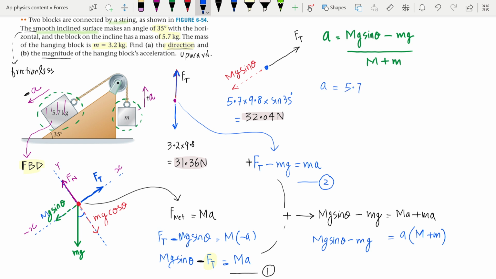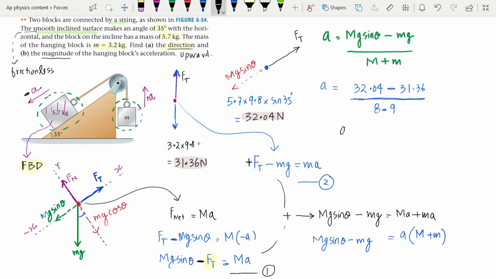So 5.7 times 9.8 sine 35, which we had already calculated, so we can directly put the value, that is 32.04 minus mg, which was 31.36, divided by the sum of these two masses. So 5.7 and 3.2 must be 8.9.